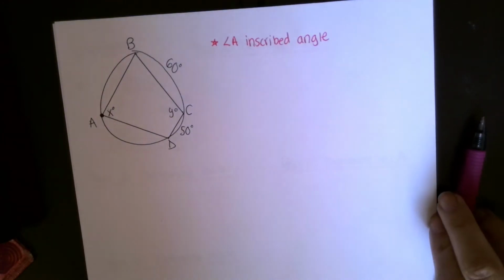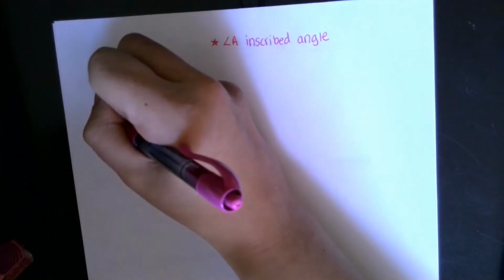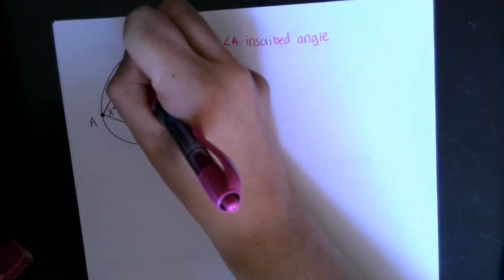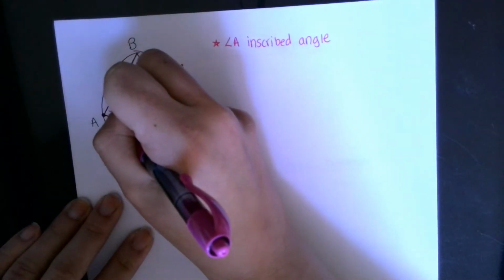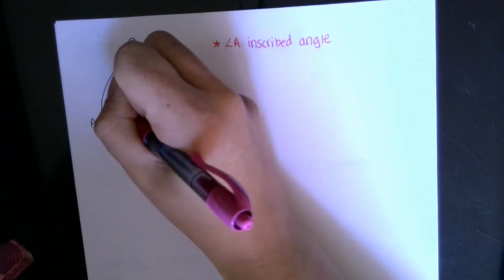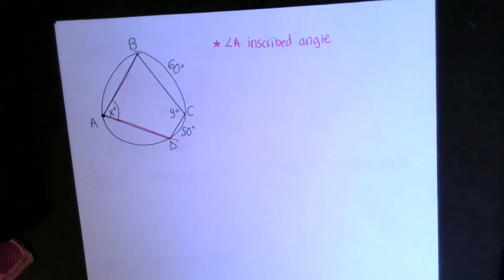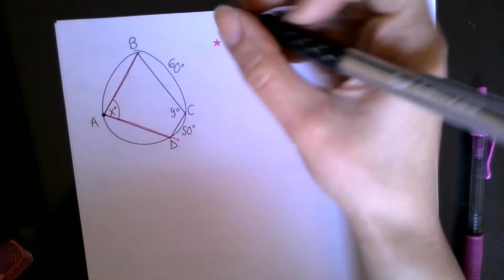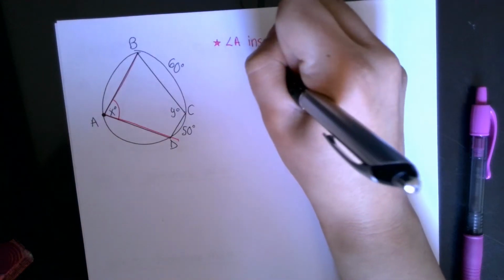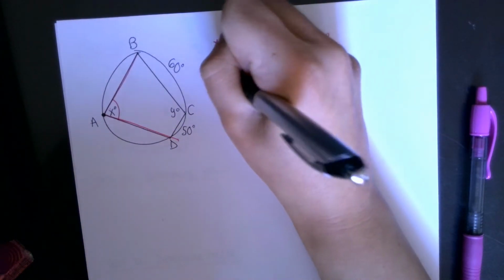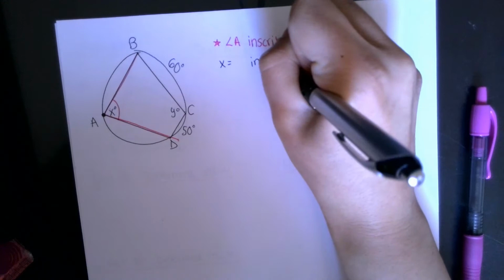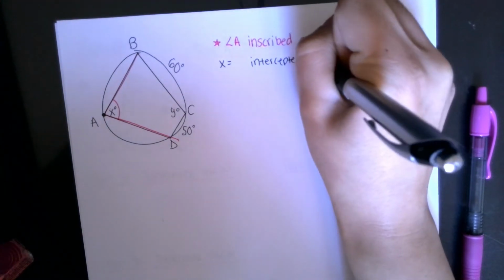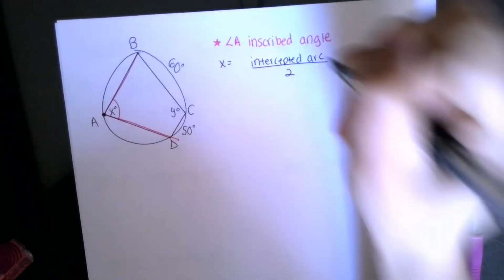So for angle A, which is X, X will equal the intercepted arc divided by 2.